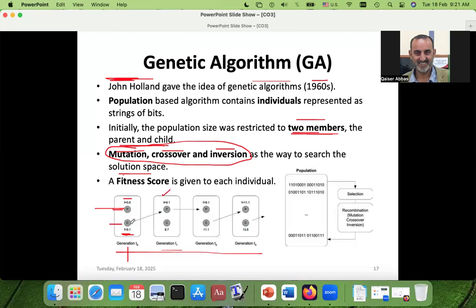And here now this child is becoming the parent, and then you have another child here which has the fitness 8.7, and here it is 9.1. So again this has the higher fitness value and it is allowed to move on to the next generation T2.